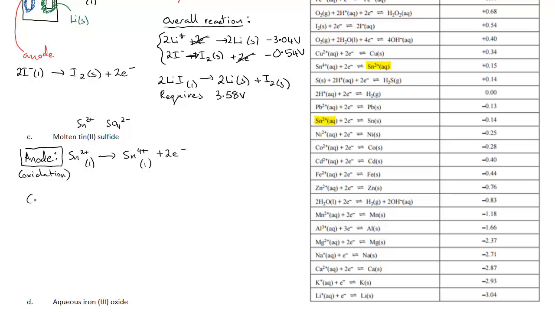And then we have the cathode, which is where electrons are being gained. So we know that that has to be tin 2+ plus 2 electrons forms tin liquid. And so we've got these 2 reactions that are taking place.